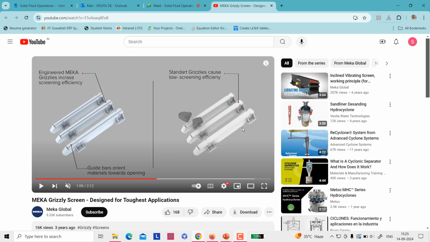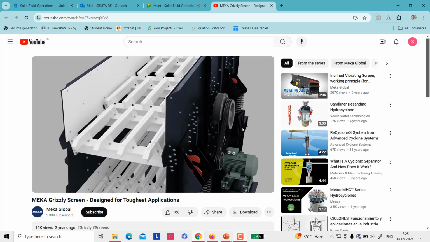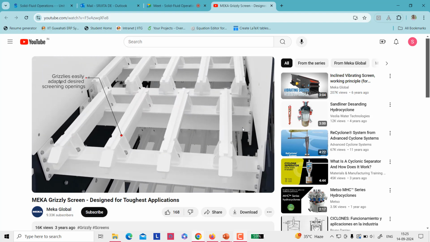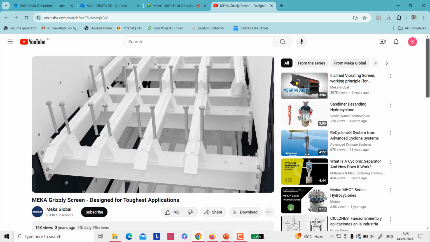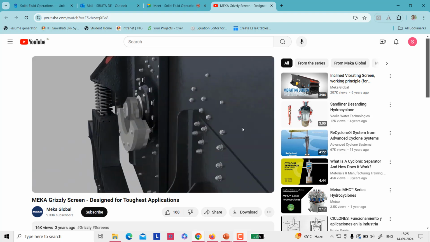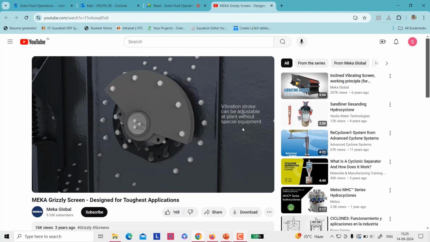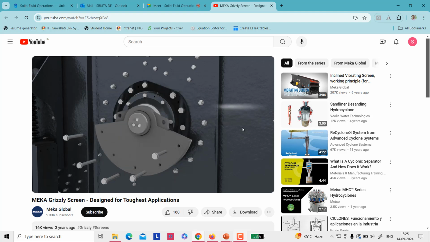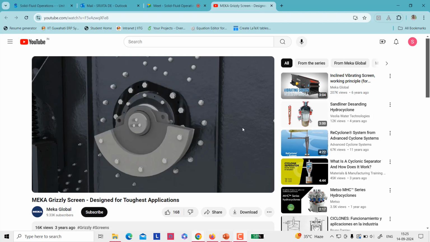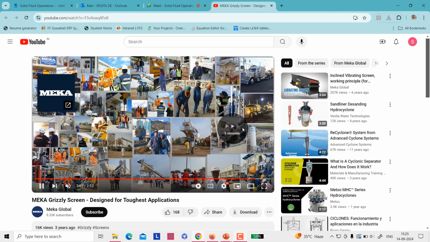These mesh screens are very hard so that they won't get damaged by hard solid particles. So these are the parts of the machine.